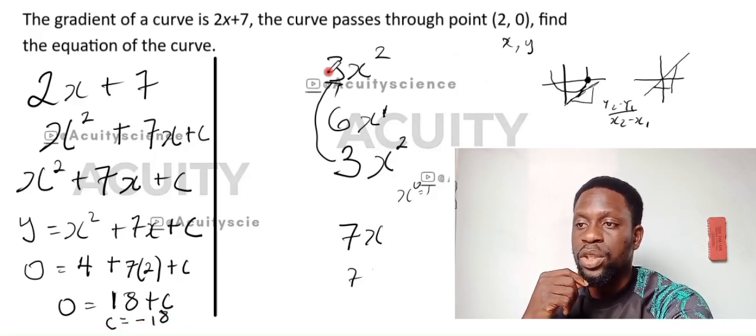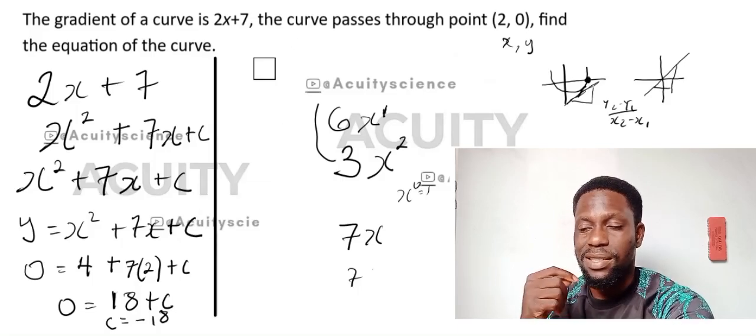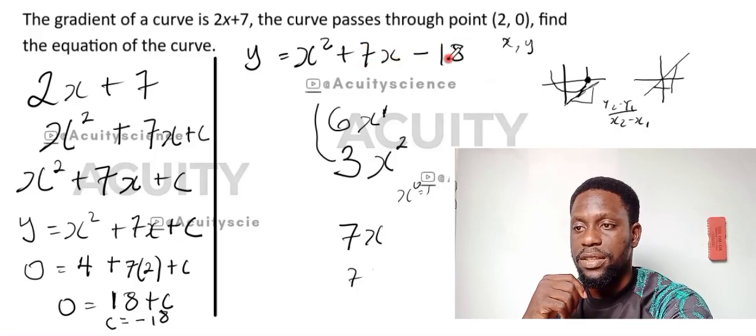So the equation of the curve is, we'll rewrite this, but we'll now put in minus 18 as c. So y equals x squared plus 7x minus 18. This is the equation of the curve.